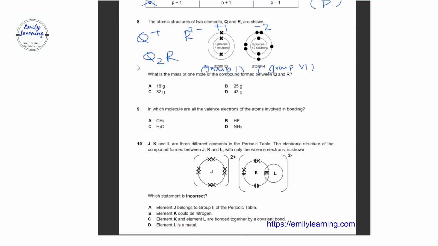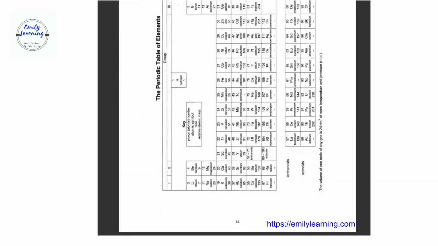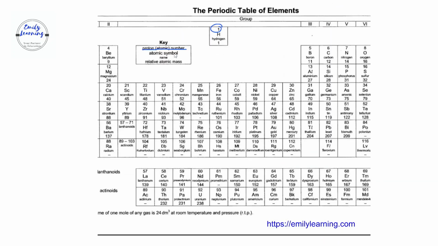So now that we know that this is its formula of Q2R, what is the mass of 1 mole? Well, mass of 1 mole is equal to molar mass, which is going to give the same value as your relative molecular mass. To find relative molecular mass, you need your relative atomic mass. To find relative atomic mass, you can simply take your protons plus neutrons.